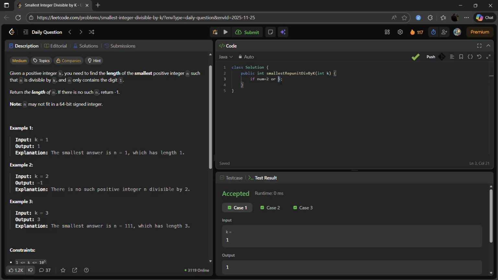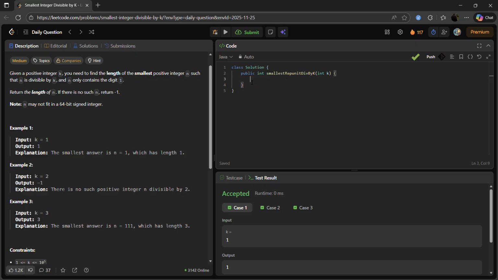And if you take 5, the same applies. When it comes to 5, the multiples of 5 end only in 5 and 0, right? So 15, 20, 25, 30, and so on. The last digit will only be 5 or 0, so we can't generate a number which has only 1s. So 2 and 5 could be omitted.